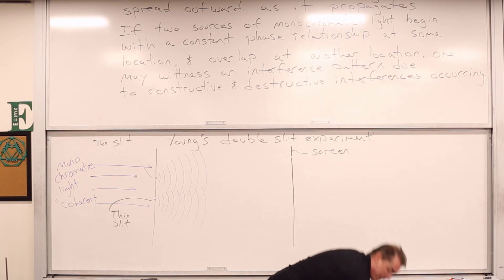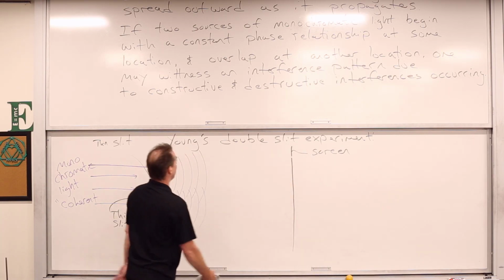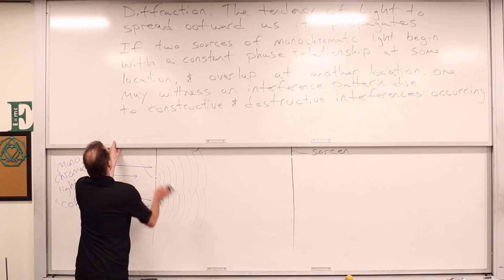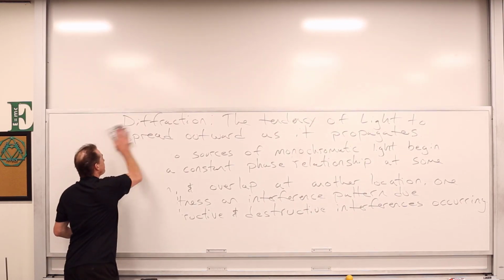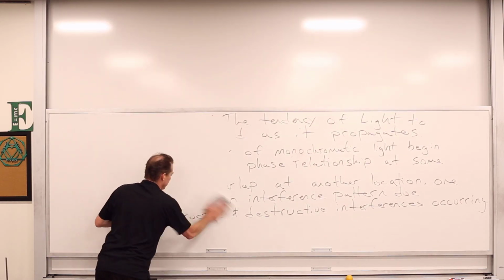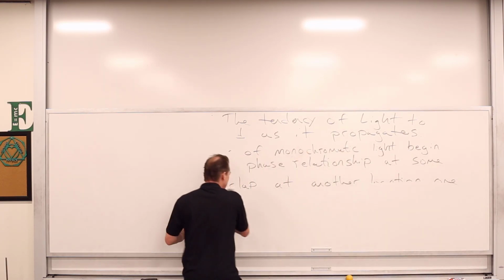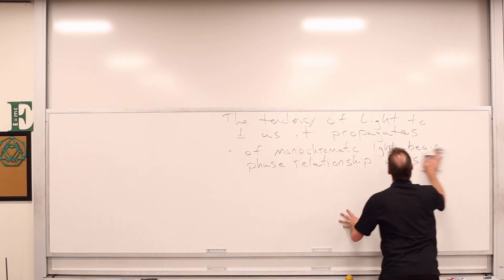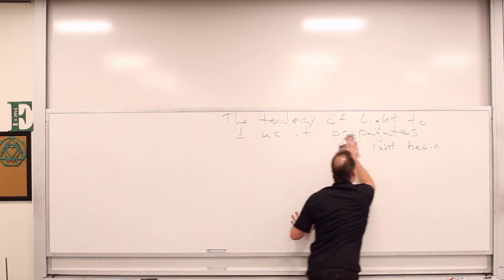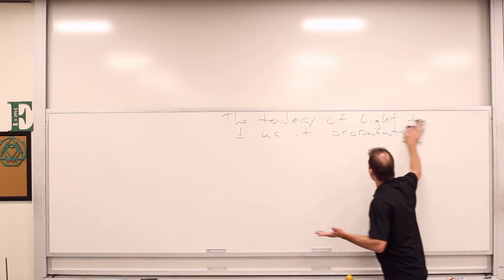So let us go ahead and take a look at this. What we are going to do is go ahead and think about how we're going to get the bright spots and the dark spots. So bright spots have to be produced by constructive interference.